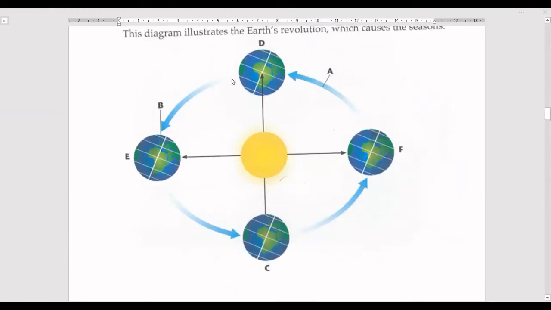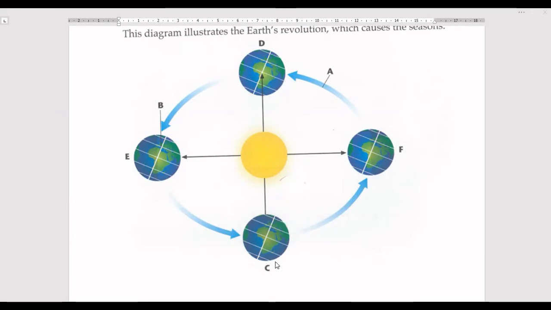This will be 21st of March. In diagram D, the sun is striking directly at the equator, and there's the equator here, where you have an equal length of day and night.